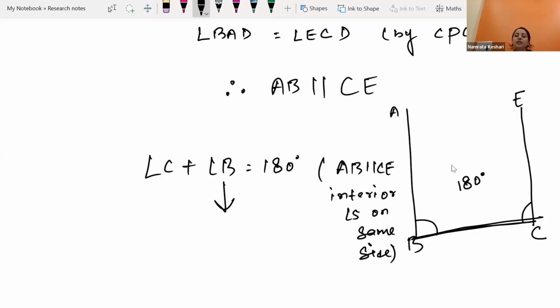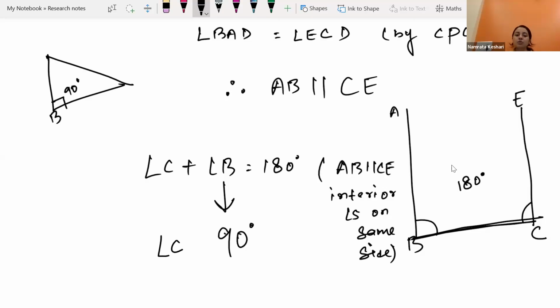Angle B is already given as we have a right angle triangle. B was 90 degrees, so C will also be 90. Angle C will also be 90 degrees.